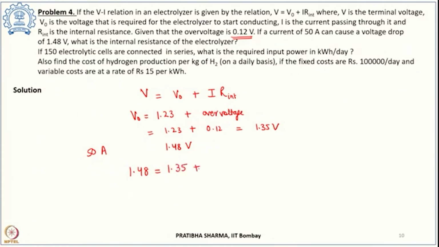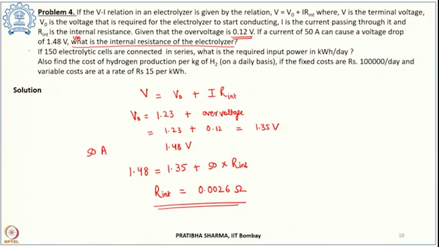We have 50 amperes into the internal resistance of the electrolytic cell, and solving this gives the internal resistance of the cell as 0.0026 ohm, and that is what is desired in the first part. So, we had to find out the internal resistance of the electrolyzer.